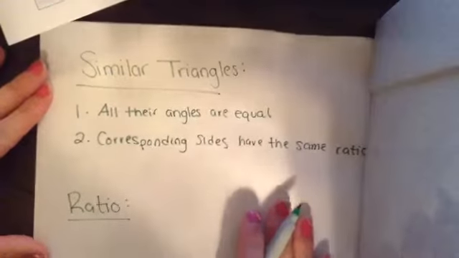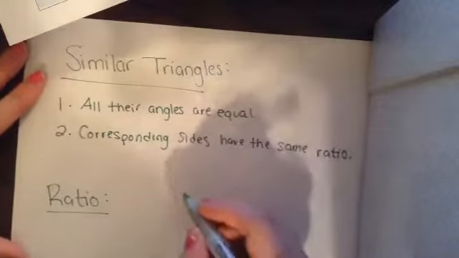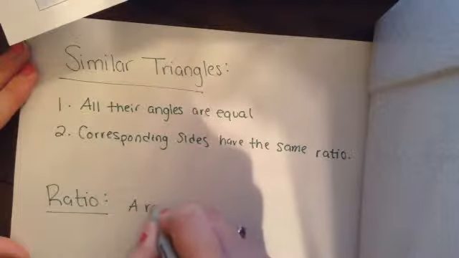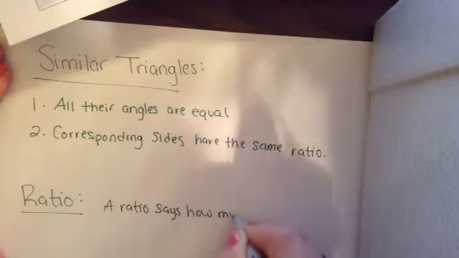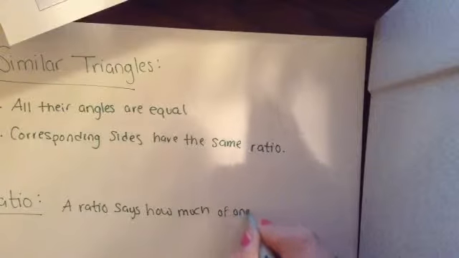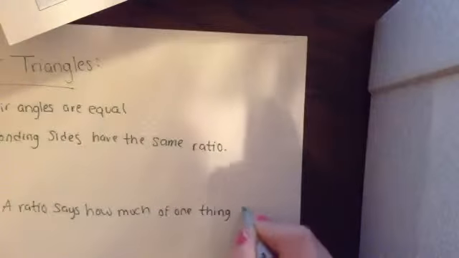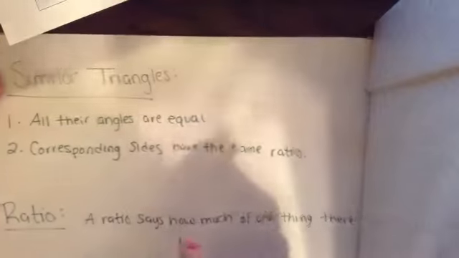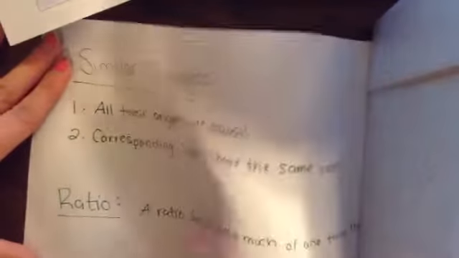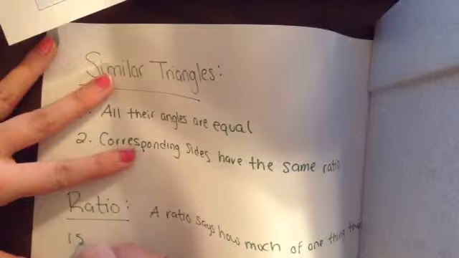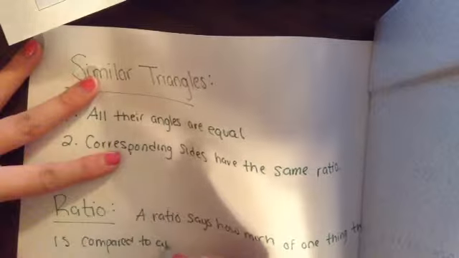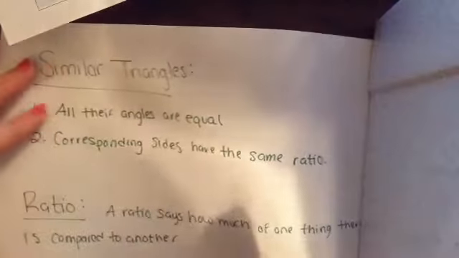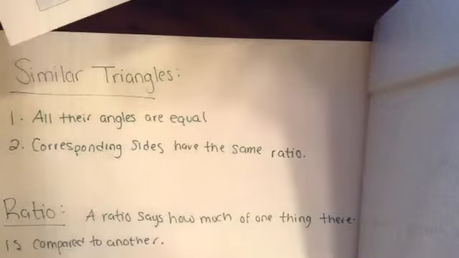And ratio, just so they have a little bit of knowledge as they're going into this, even though they've already reviewed it, a ratio says how much of one thing there is compared to another. And like I said, the students are already going to have a very good base of what ratios are from the previous lessons.